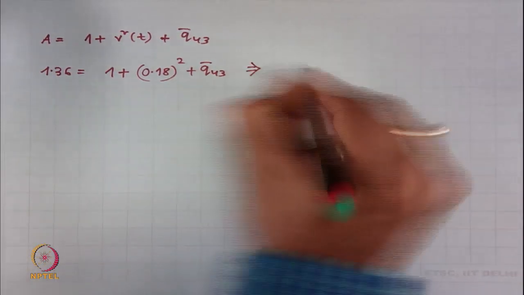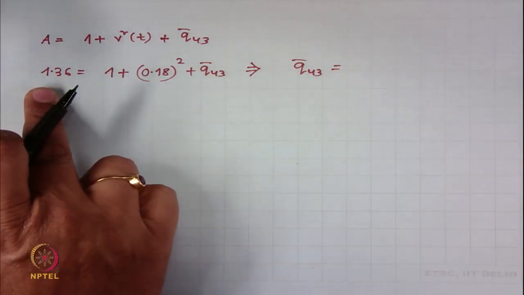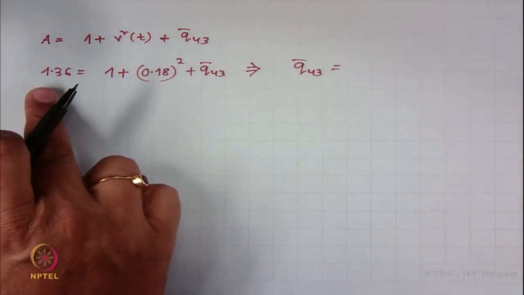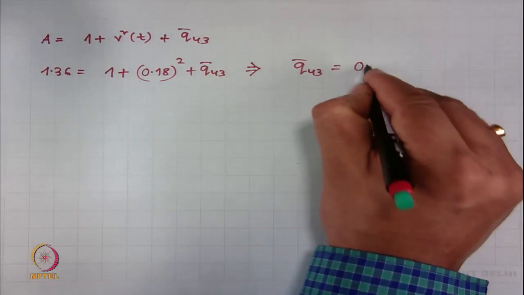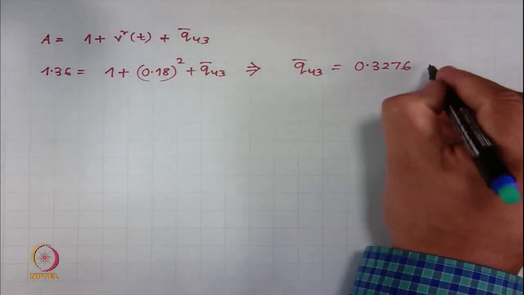This will lead to Q 43 is equal to 1.36 minus this and this. So, 0.3276. So, we get another fourth reading.